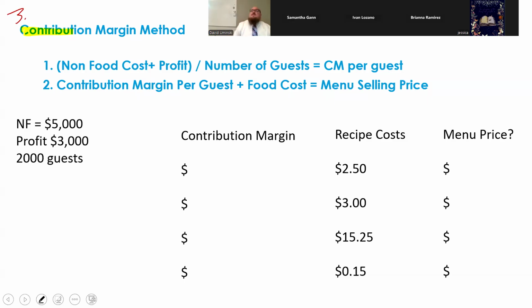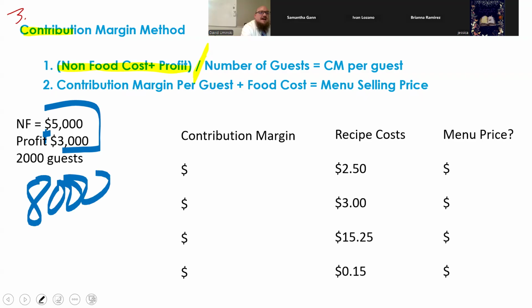The way that we use this method is we take the non-food costs and we add our ideal profit. Okay. Then we're going to divide by the number of anticipated guests. So if we use our formula right here, what is 5,000 plus 3,000? 8,000. That is our contribution, right?